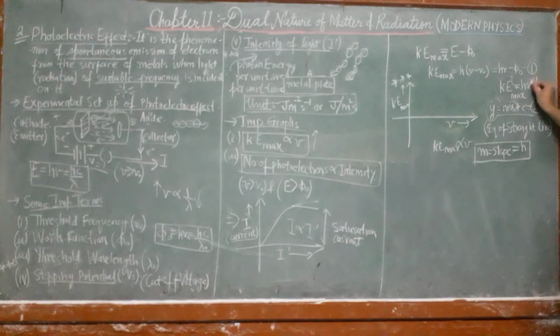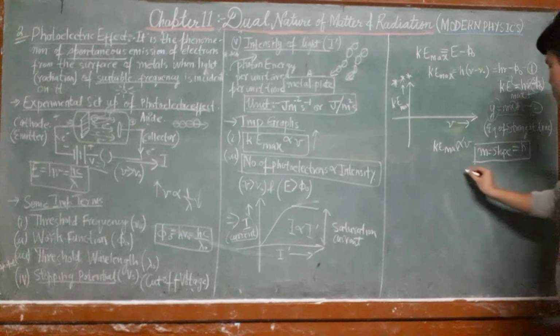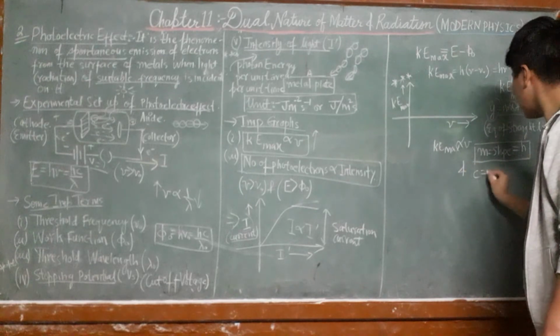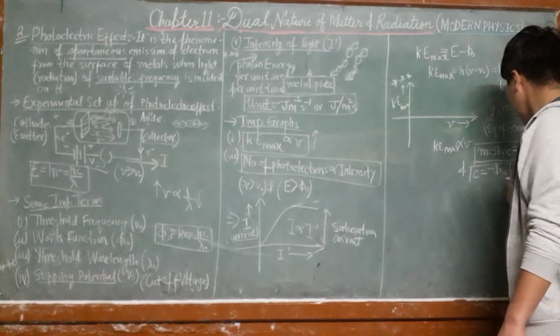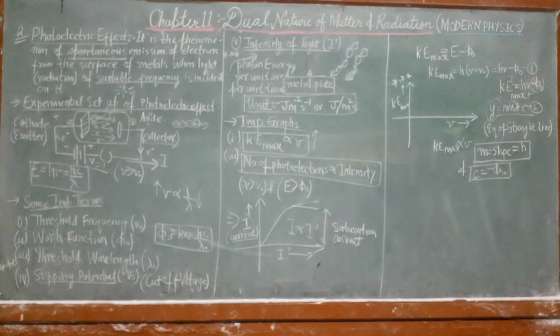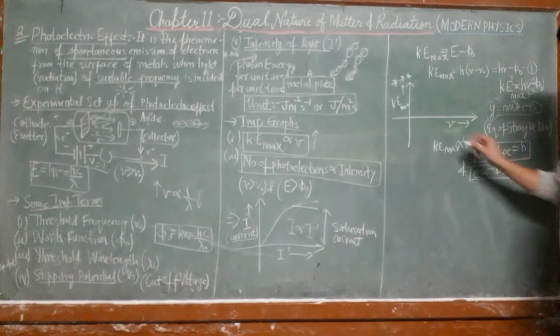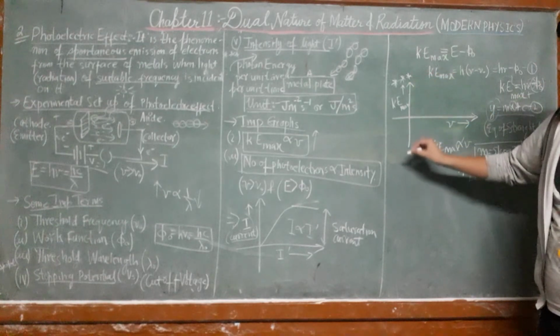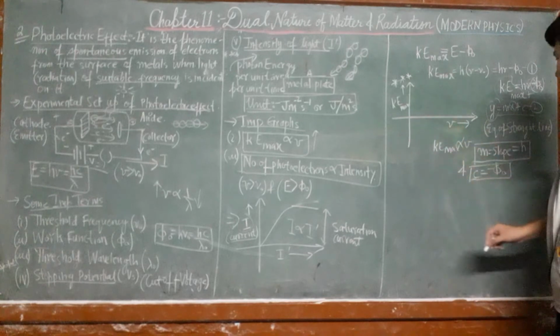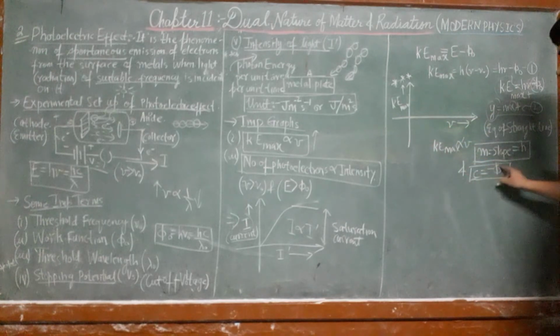The intercept is the point at which the graph intersects the y-axis. So on the y-axis the point is negative phi naught. This side is positive and below the origin is negative.